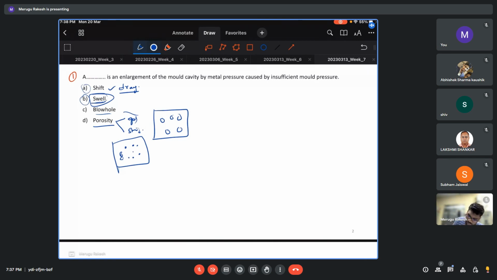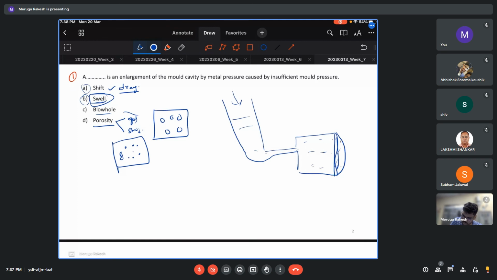Okay, so how does it look? Suppose we have a casting and we just filled it with the liquid. If the supports are not enough, we get this swell, right?